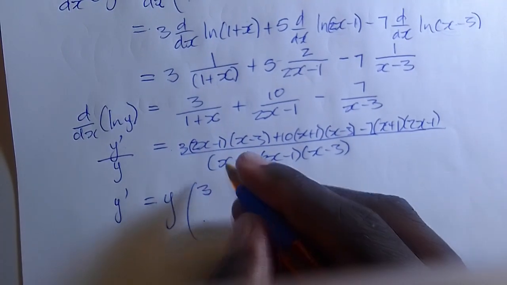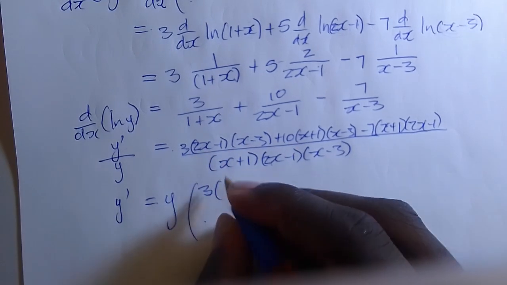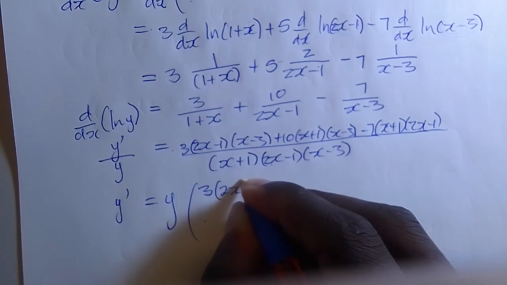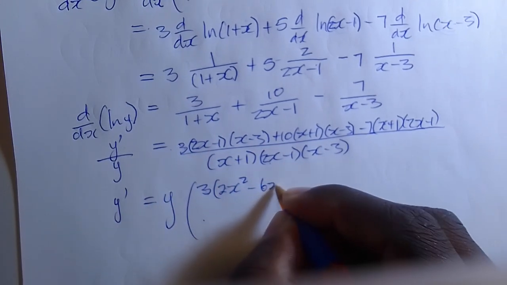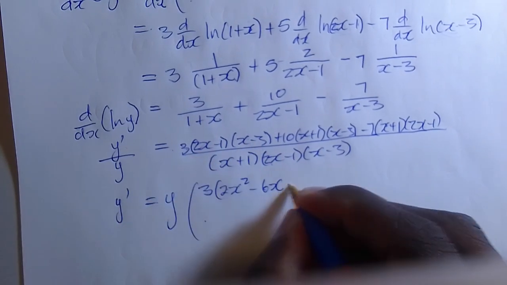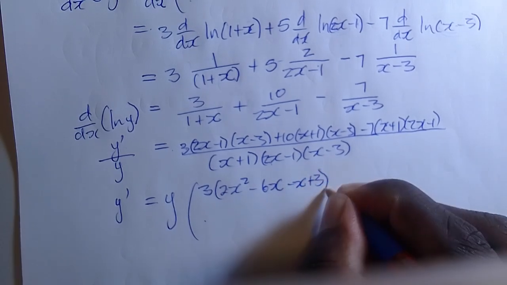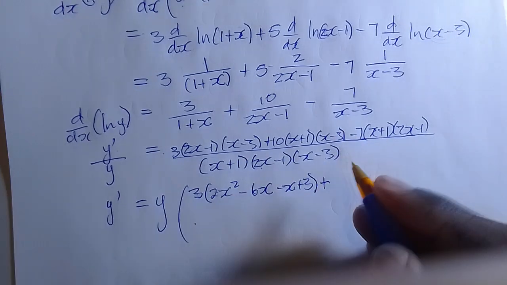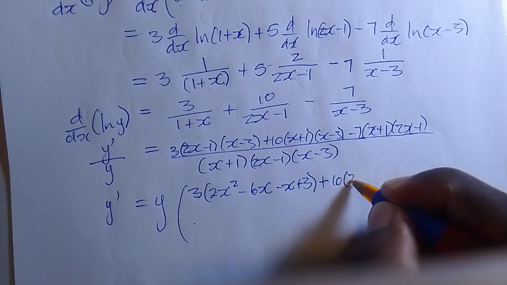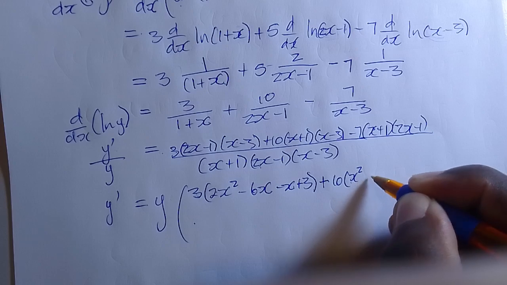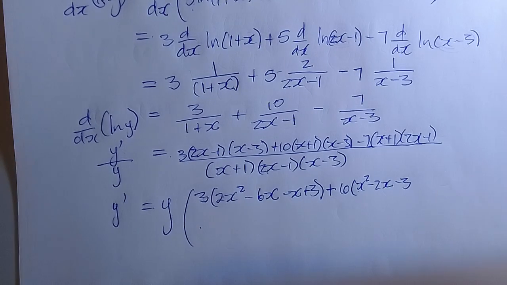We have 3 into, this is 2 times 2x squared minus 6x minus x plus 3, plus here it will be 10 into x squared minus 2x minus 3.